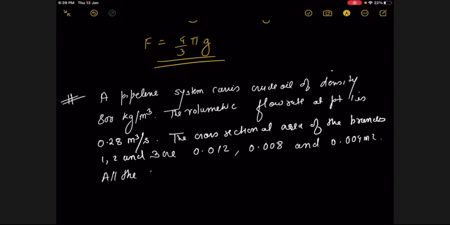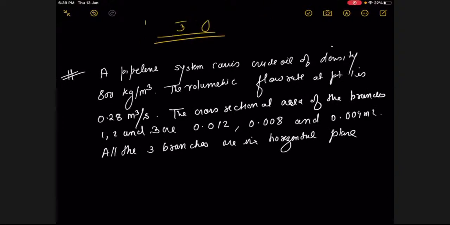All the three branches are in a horizontal plane. And the friction is negligible.